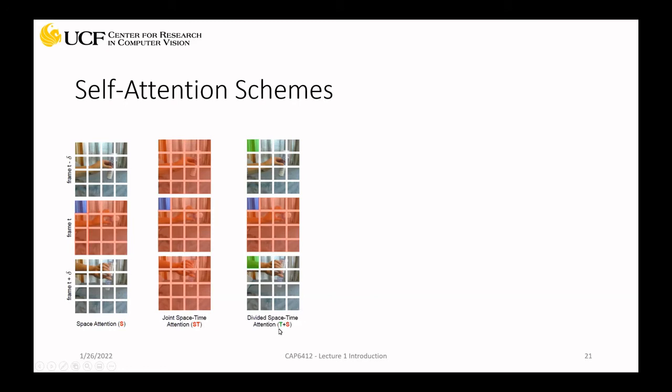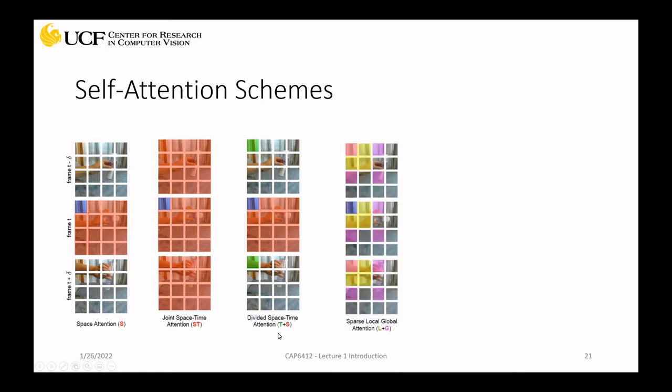This is very similar to what is called R(2+1)D convolution. Then this one is sparse local-global attention. For this token, you get a space attention like this, but it is 3 by 3, not the whole thing. So 3 by 3 here, 3 by 3 here, and so on. That's why it's local, but you do temporally all these.